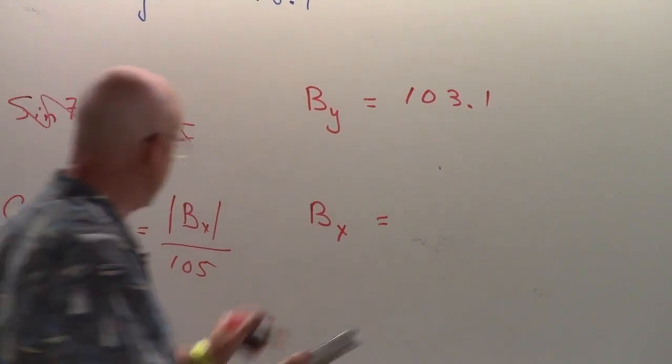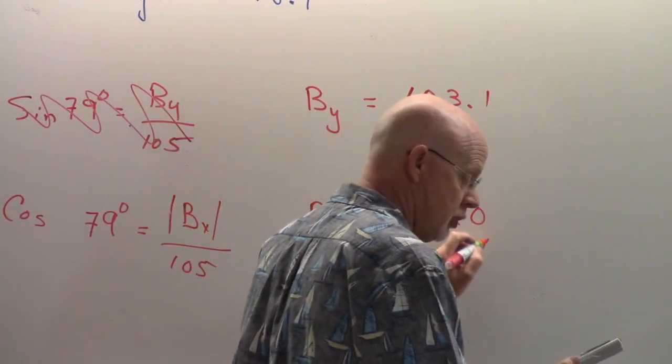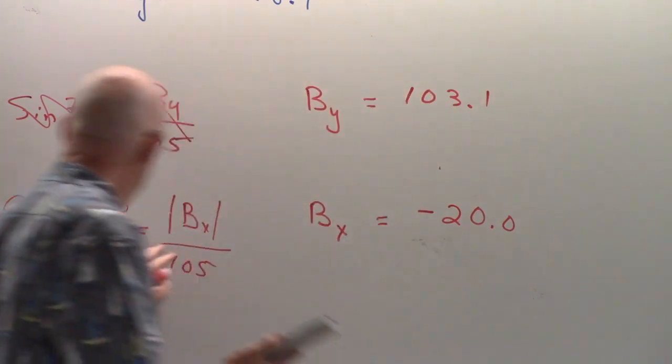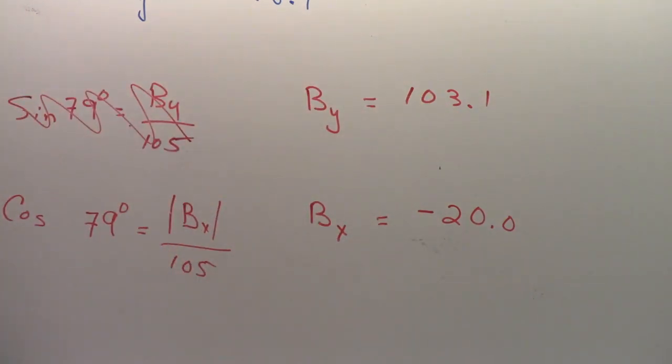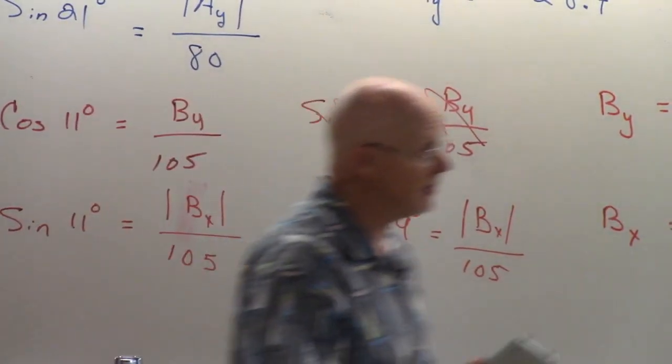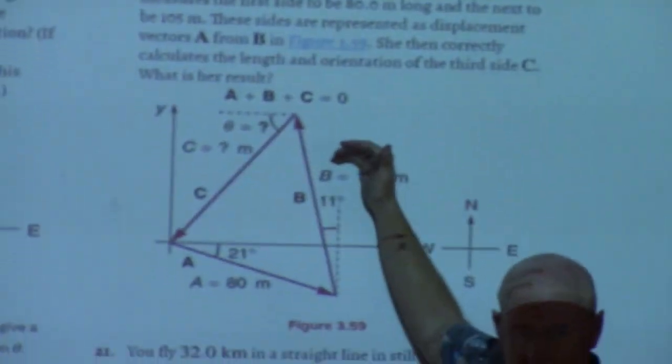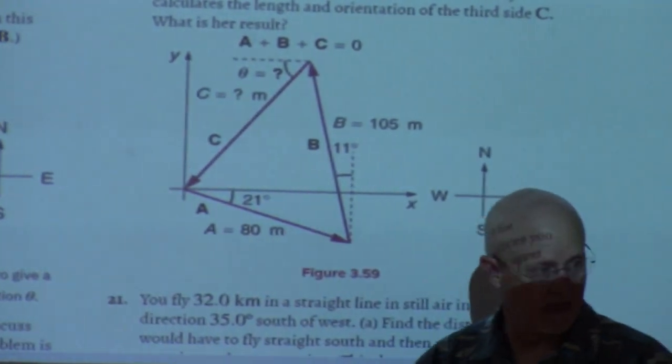My calculator says it's 20.0 with a positive number, but remember, I had purposely looked at the picture to see that this was a negative, and it's probably worth saying it again, coming back to the picture. The B is an up, so that's a positive y, but it's also a left, so it's a negative x. So I've got the negative x and the positive y.